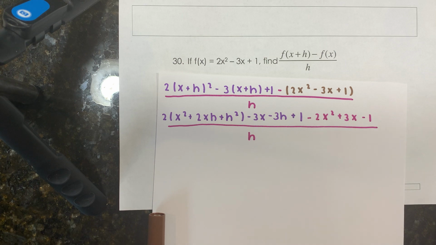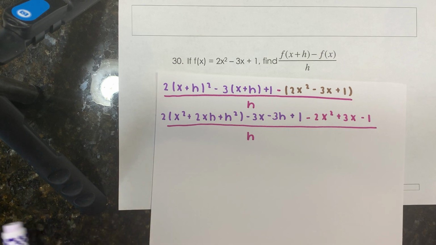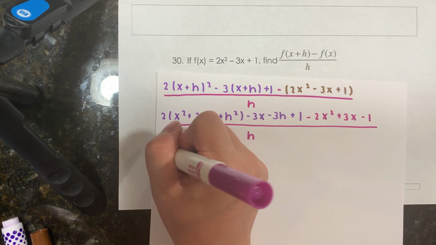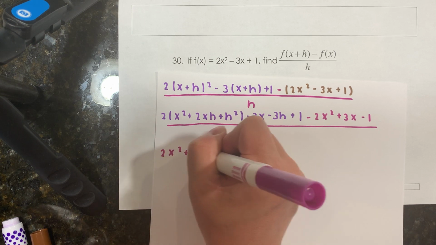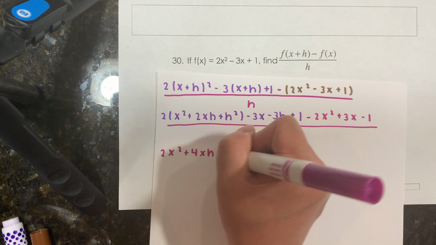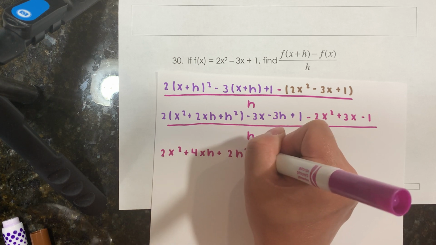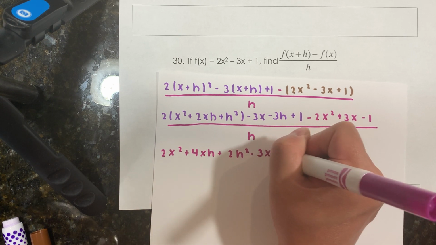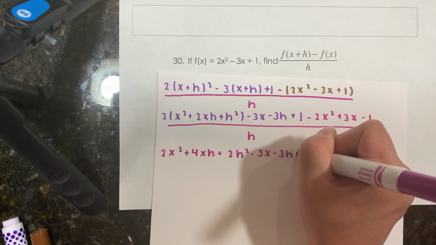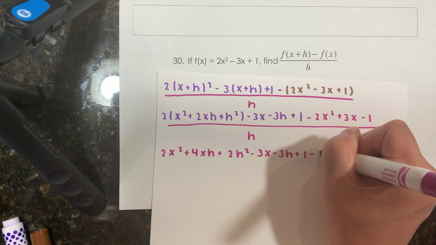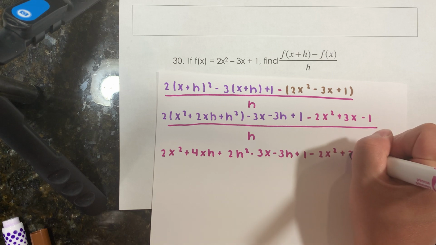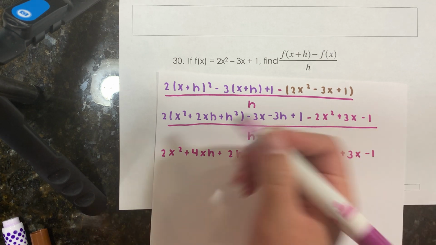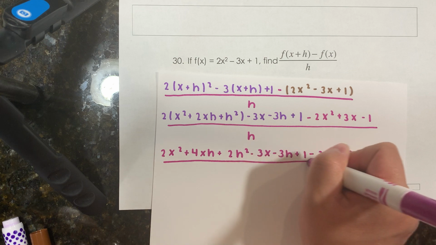And lastly, I'm going to distribute that 2. So that would become 2x squared plus 4xh plus 2h squared minus 3x minus 3h plus 1 minus 2x squared plus 3x minus 1 all over h.